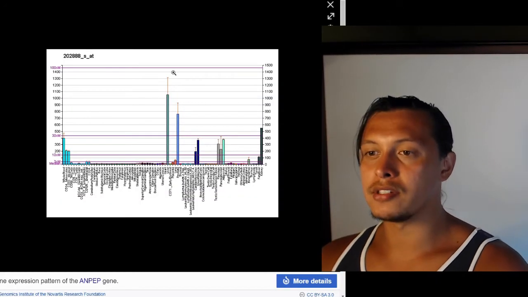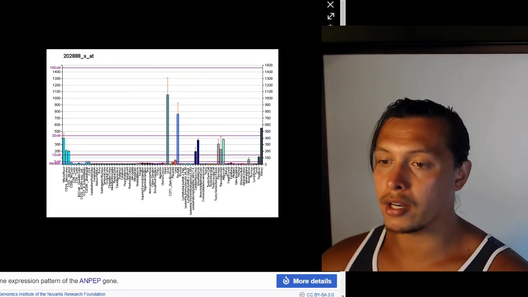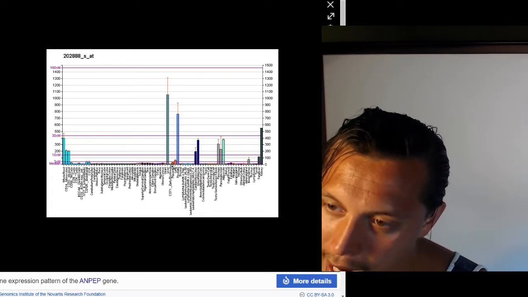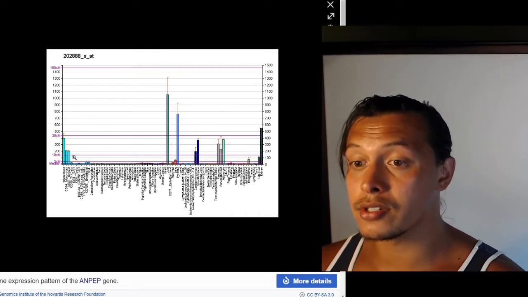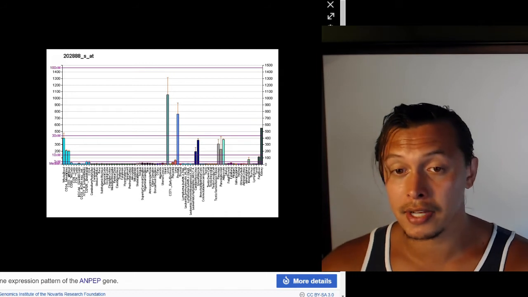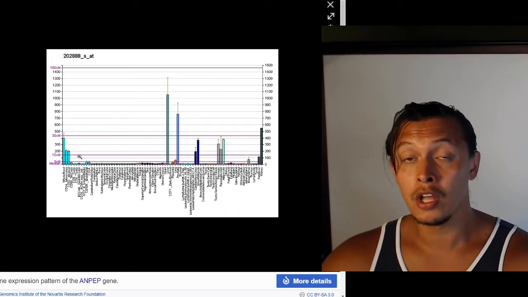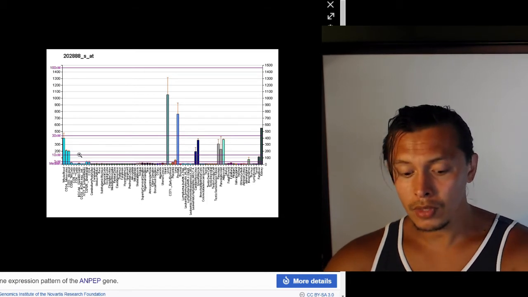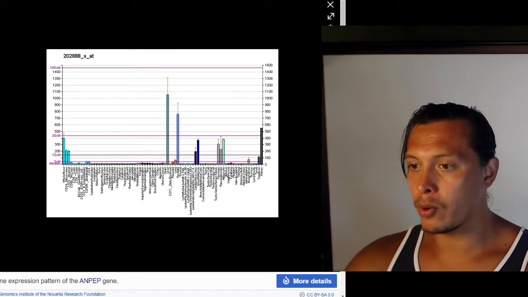Oh, here we have an RNA expression pattern. So what I like about these RNA expression patterns is it can tell you what tissue types these receptors are located in. So here, the liver actually expresses a lot of it. The blood expresses, so white blood cells can express it as well. So perhaps your white blood cells themselves are vulnerable to these coronaviruses, or at least to the 229E coronavirus.